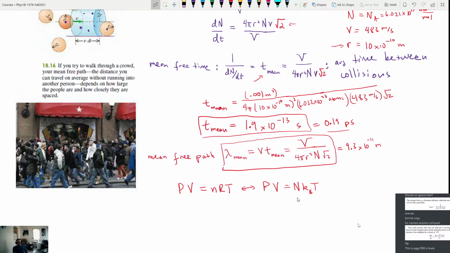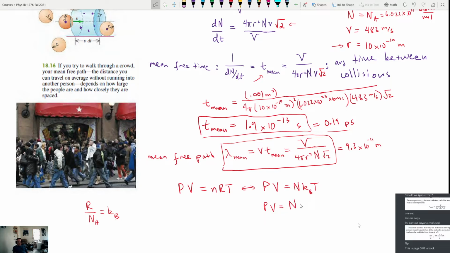This is an equation we're going to be using a little bit more in the upcoming chapters. Both of these are equivalent, and the way you can prove it is because if you take capital R and divide by Avogadro's number, this is equal to the Boltzmann constant. I can do a little derivation here to prove this is true.